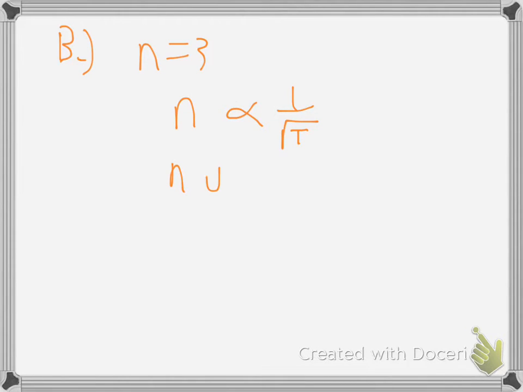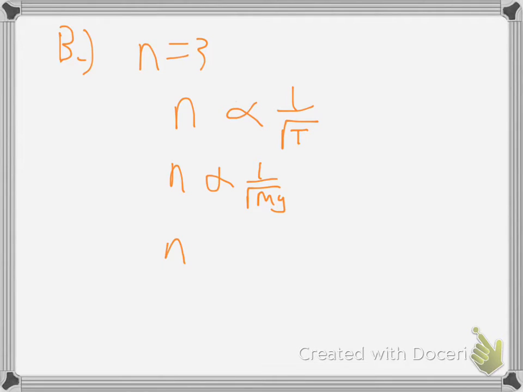Now the next thing we're looking for is the mass. Okay, so now we're at mode 3. And this is when I'm going to want to use this proportionality that we used before, where the mode number is proportional to the square root of tension, but then g is another constant.